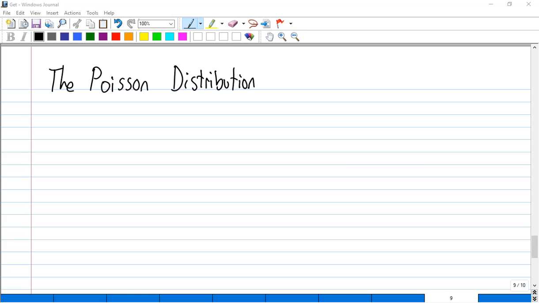In some ways, it is similar to the binomial distribution. You must have a number of random variables that you can count, and there has to be a total number of successes, just like with the binomial distribution.